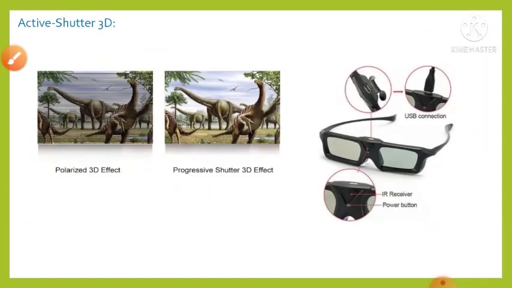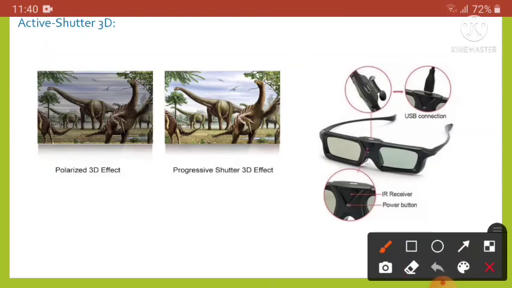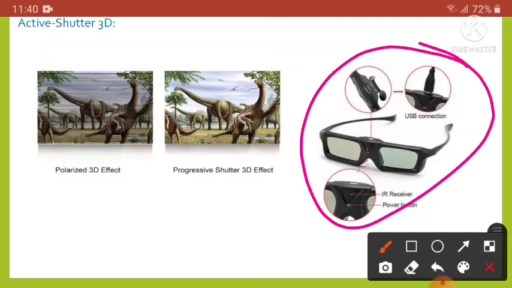Next one is active shutter 3D. In this technology, active shutter glasses or liquid shutter glasses are used along with the display screens for creating perceptions of 3D images. The lenses of the glasses have a liquid crystal layer that is transparent, but becomes dark on applying electricity.